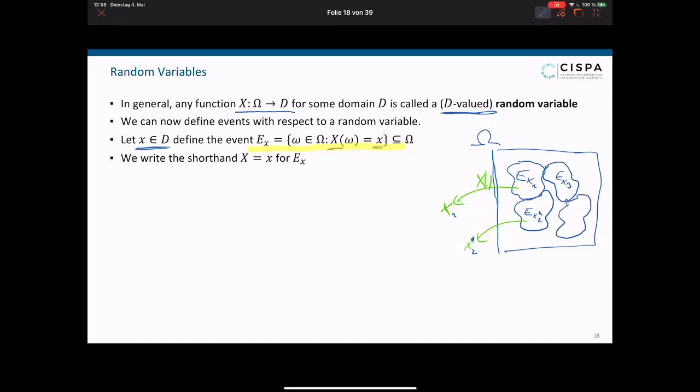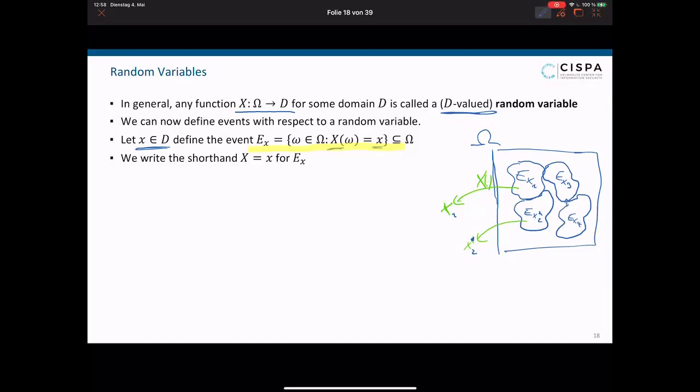Every possible outcome x1, x2, x3, x4 corresponds to different events, and an important thing here is, of course, that these events are disjoint, right?